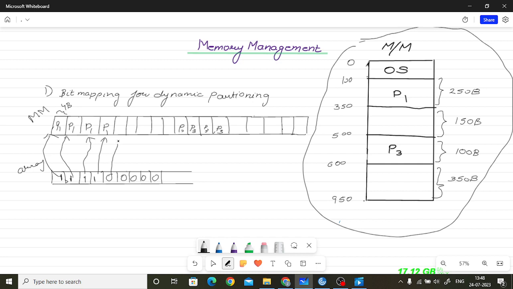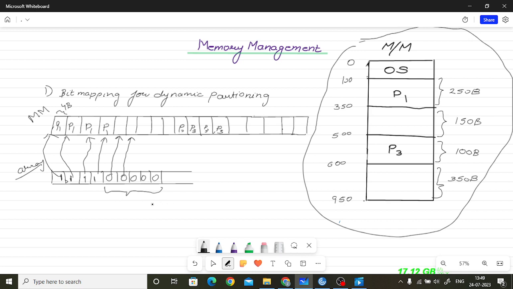So each cell in the array stores 1 bit of information and represents one allocation unit in the memory. How will the operating system get to know that this part of memory is free? By checking the array. If it finds a continuous run of zeros, it will find out that this part of memory is free.